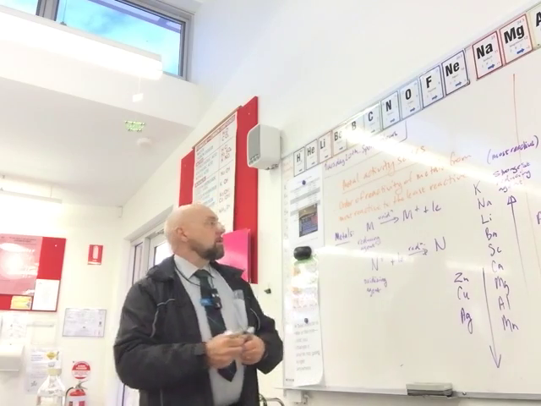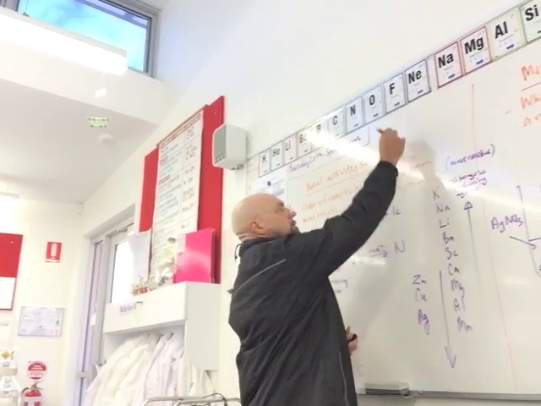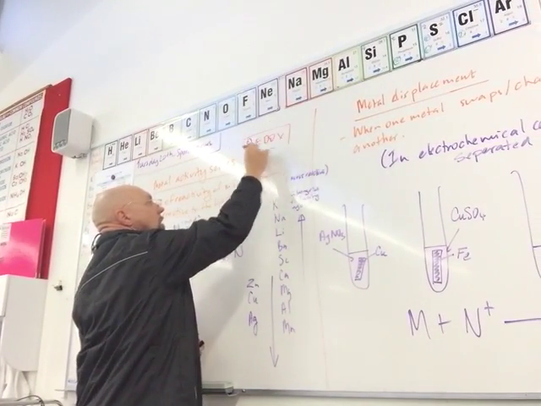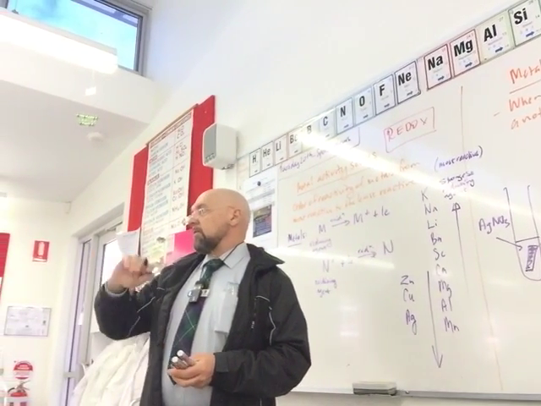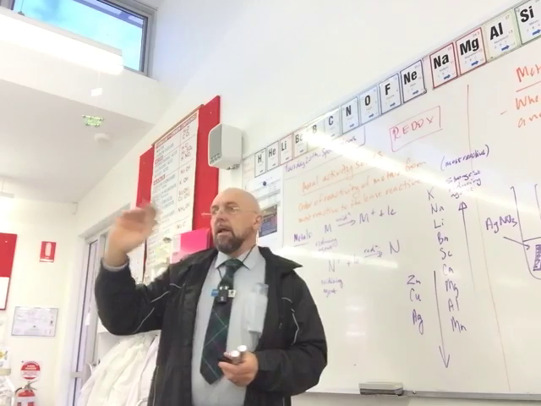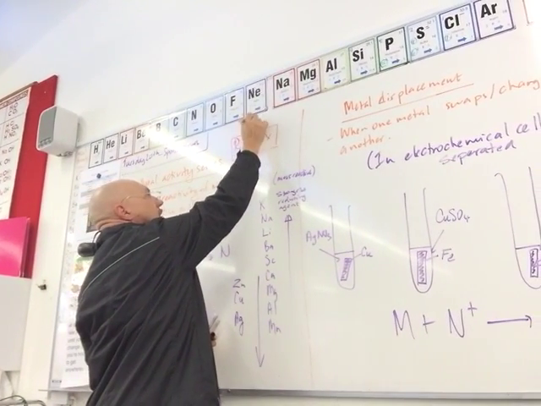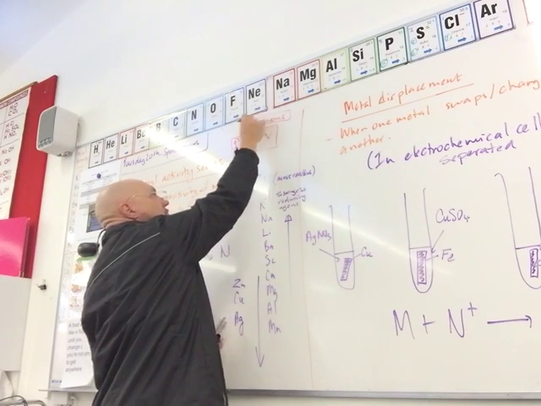So we spent a whole lot of time on redox, because redox, as we know, is to do with transfer of what? What are we transferring in a redox reaction? Electrons. Okay. So we're transferring electrons in a redox reaction.